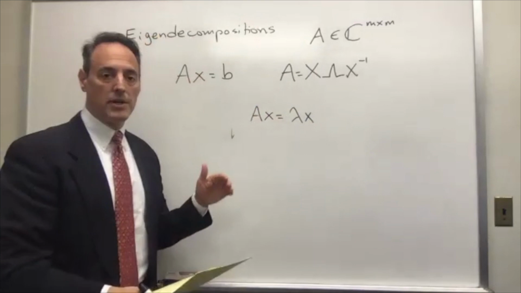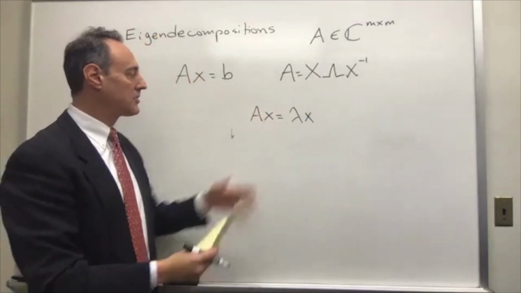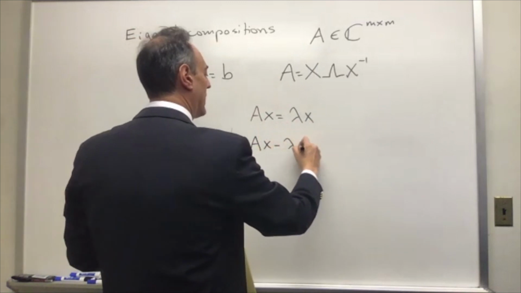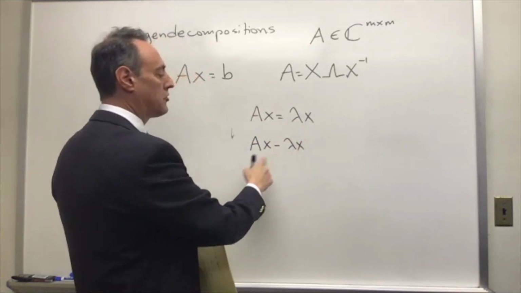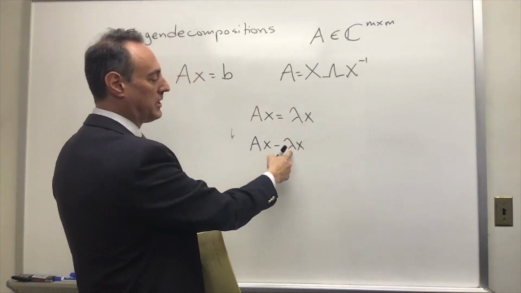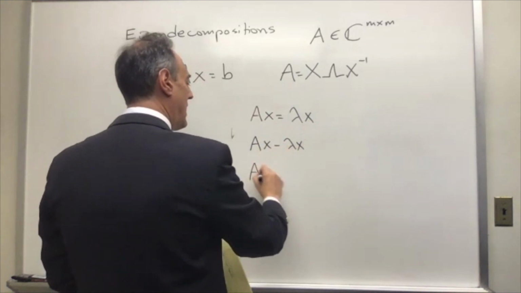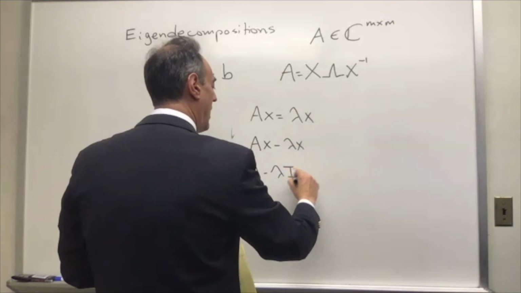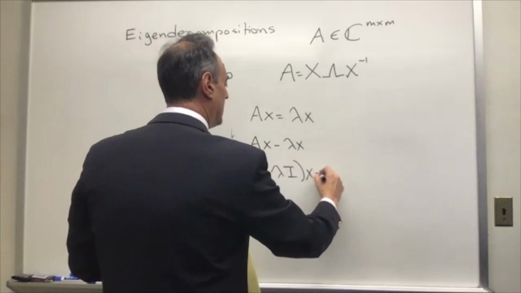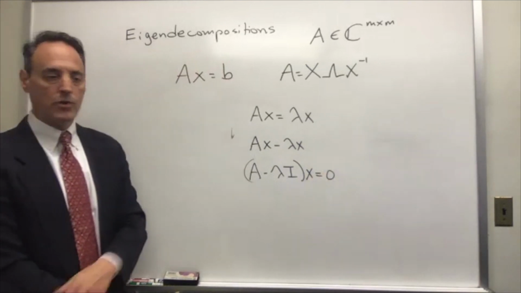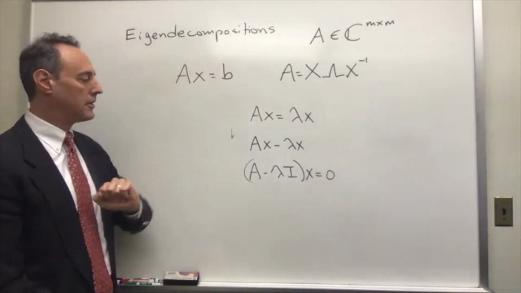And what I'm going to do here is move the lambda x to the left side, Ax minus lambda x. If I want to put these two together, this lambda is really down the diagonal. So what I would do here is rewrite this as (A minus lambda I) x equals 0. Okay? So this is the manipulation of this to here.